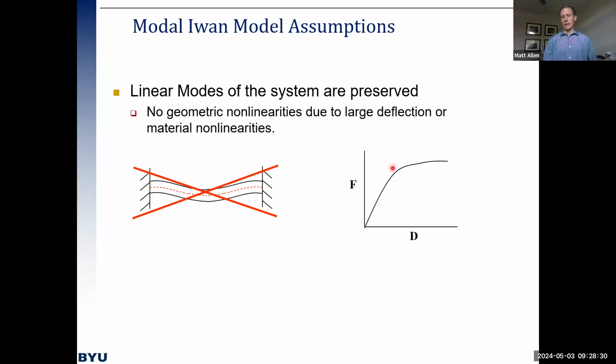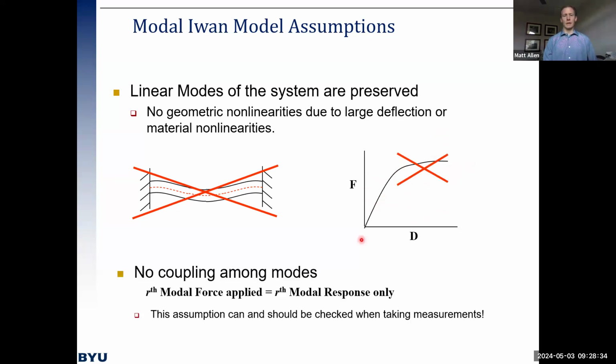Though plasticity and joints, I guess, are similar behaviors, so maybe some of that could be allowed. But the biggest thing is that we assume that the modes are uncoupled. So a force in mode 1 isn't affecting a response in mode 2 and vice versa. The good news is that we can always check that assumption, and I'll say a word about that in a minute.